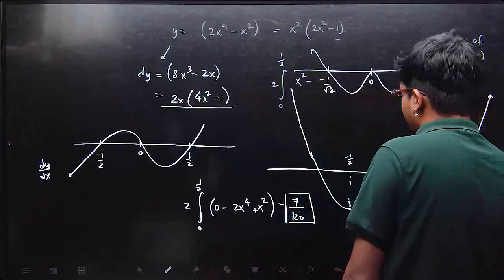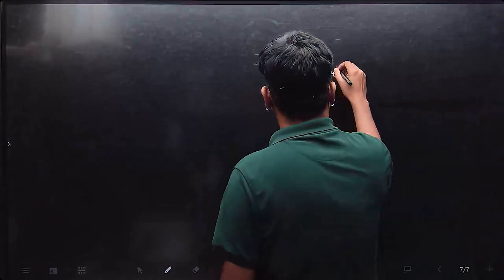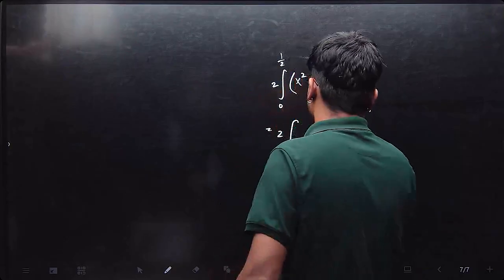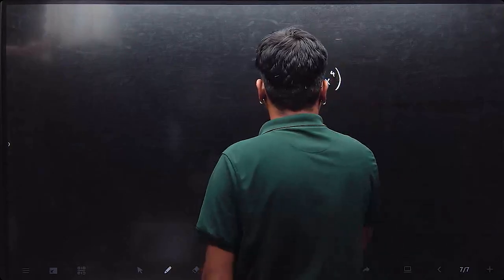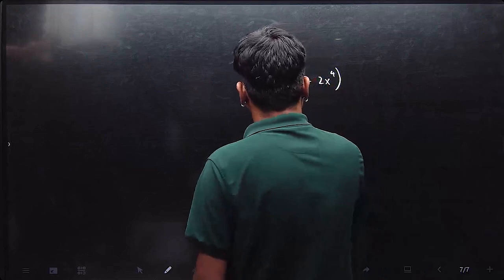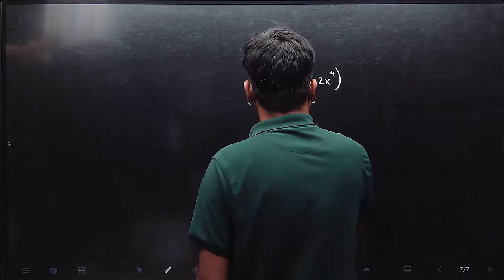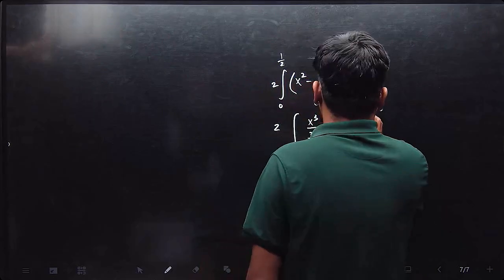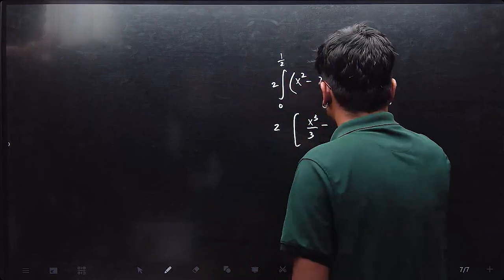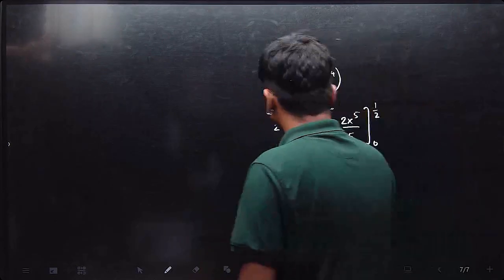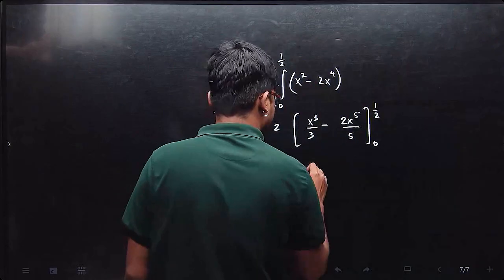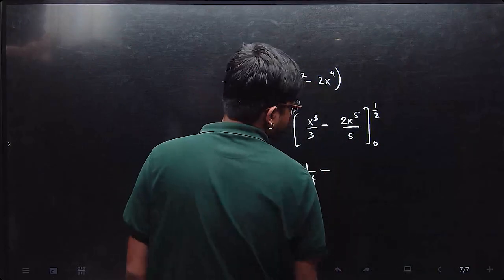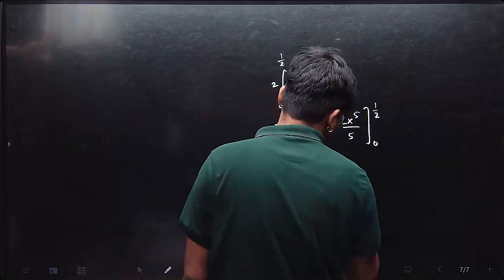Minus 2x to the power 4. What will you get from here? x cubed by 3. Yeah, better not skip steps. So it is what? 16580.